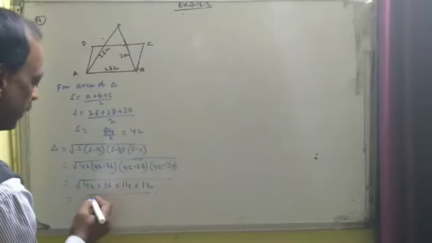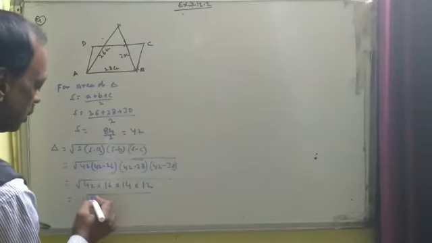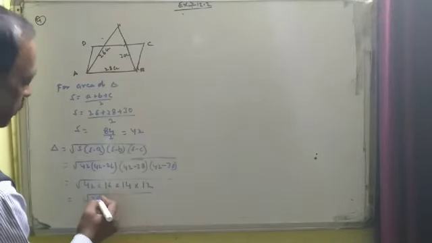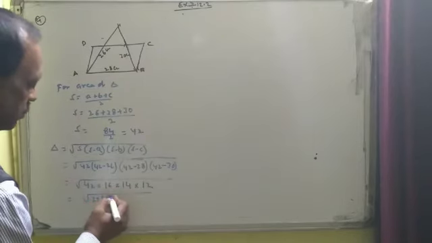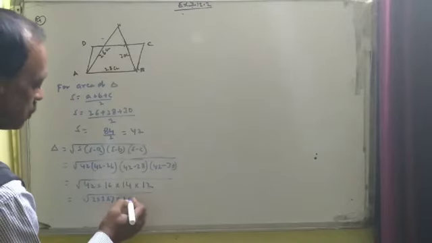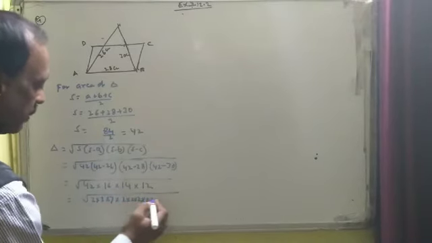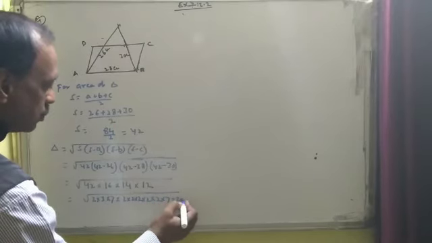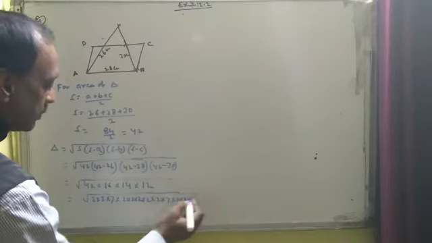Now get the factorization. 42, after dividing by 2, will be 21. 21 is 3 into 7. 16 is 2 into 2 into 2 into 2. 14 is 2 into 7. 12 is 2 into 2 into 3.